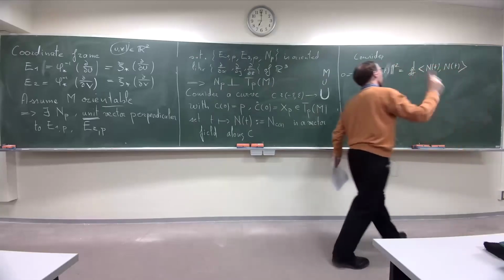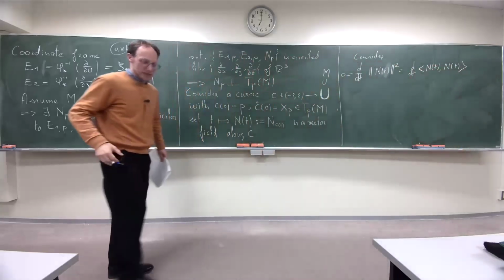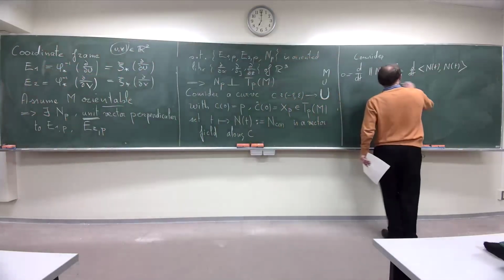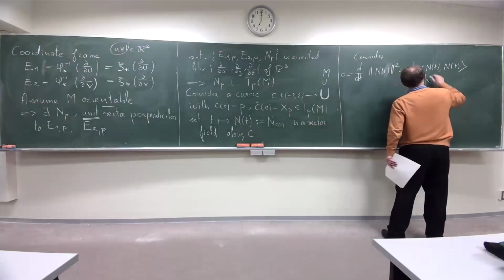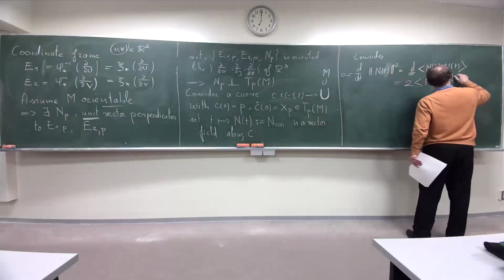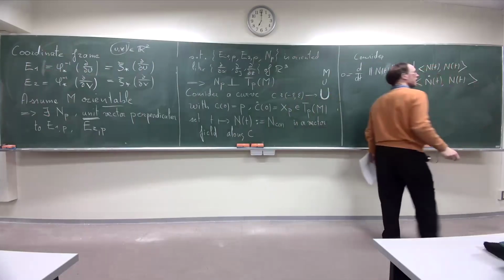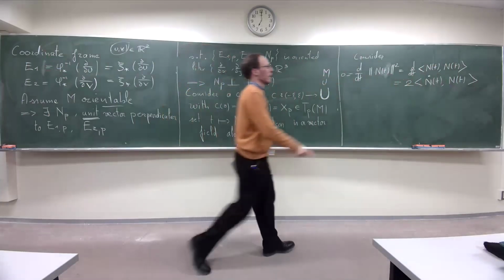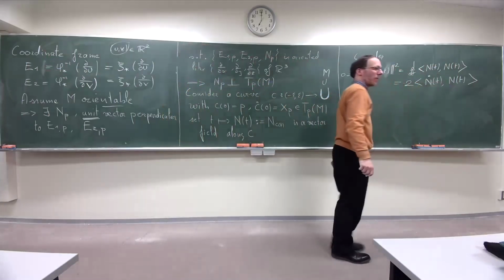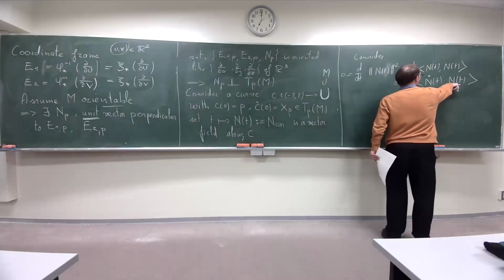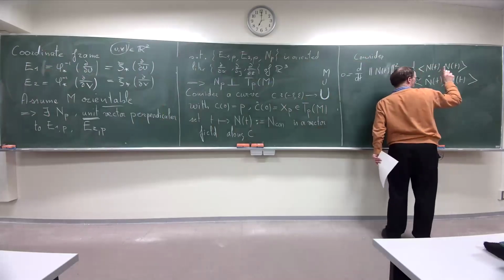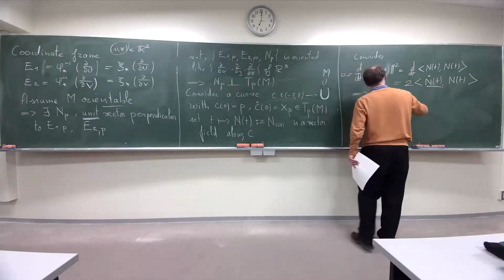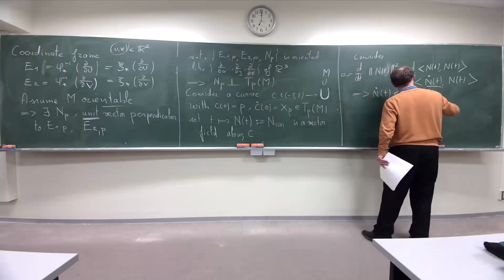Here we are inside R3, so the scalar product is really the scalar product in R3. And this is nothing but 2 times n dot of t times n of t because everything is real. So what does it mean? It means these two vectors are perpendicular. And n is perpendicular to the tangent plane. So it means this n dot of t is inside the tangent plane.